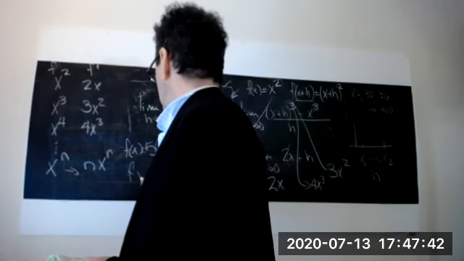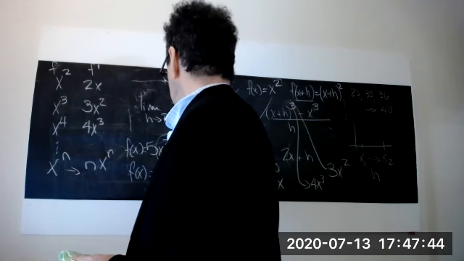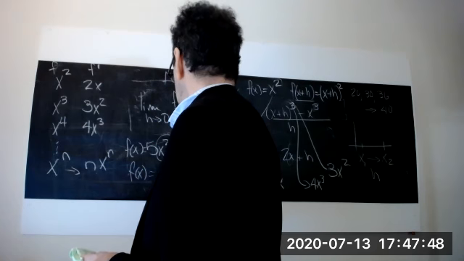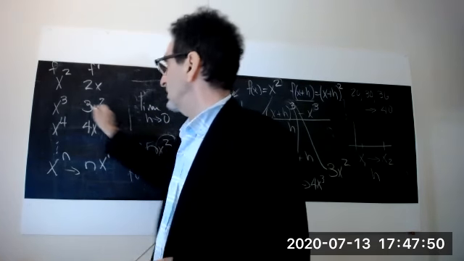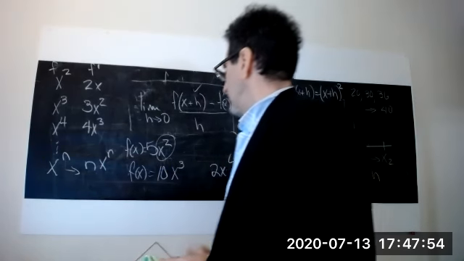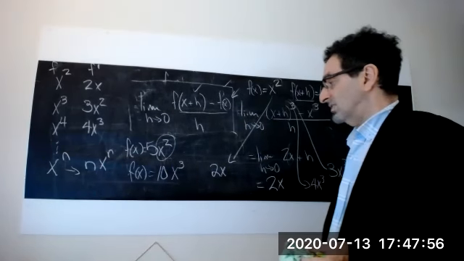Suppose you had f of x equals x to the third. We didn't do it, but we said the derivative of x cubed was 3x squared. Suppose we wanted to know the derivative of not x cubed, but 10x cubed.